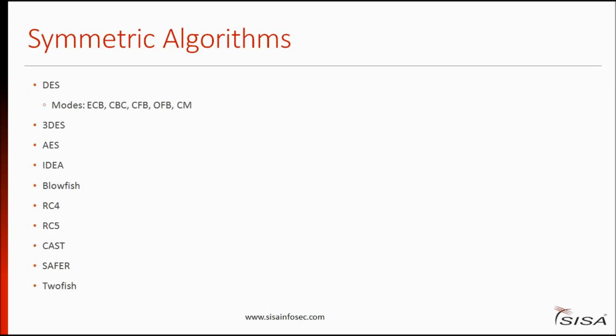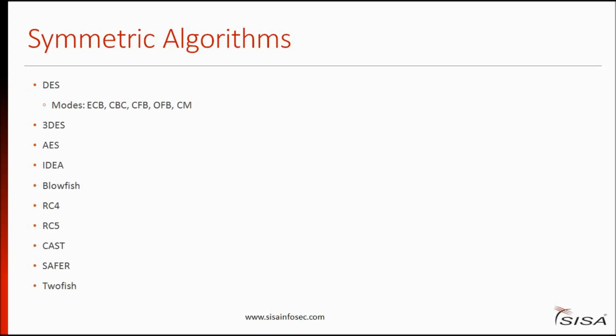Now, after Triple DES, we have AES, which basically uses the Rijndael algorithm for encrypting the data. NIST actually replaced the DES algorithm in 1997 with the AES algorithm. AES supports various key sizes like 128-bit, 192, and 256 bits as well.